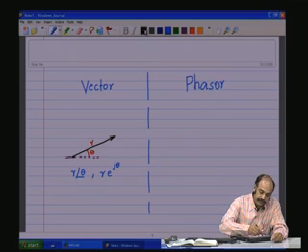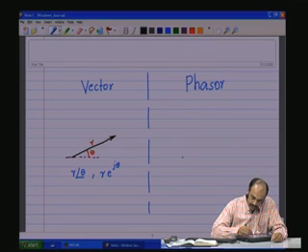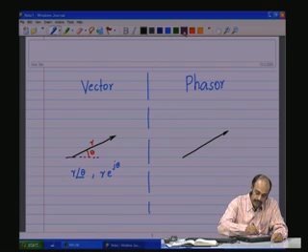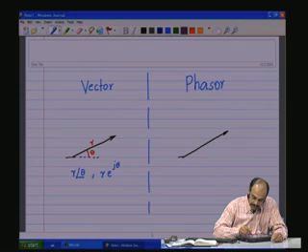So, this is a vector where r here is an amplitude. In the case of a phasor, the phasor also is represented by an arrow. This also has a direction with respect to the reference. Let us say I have a reference here.